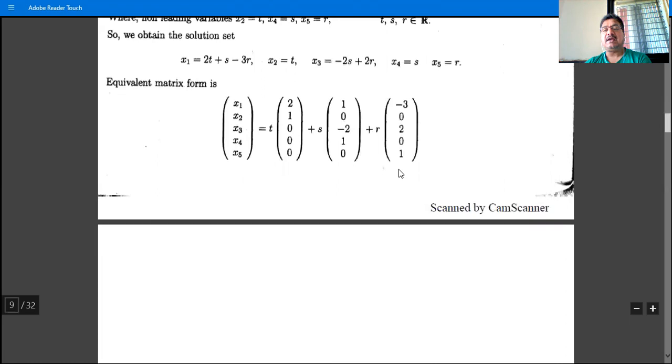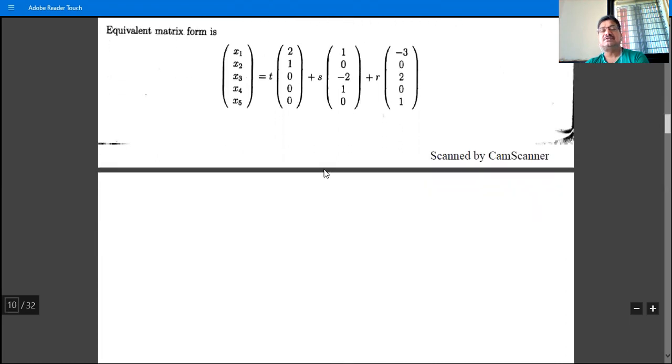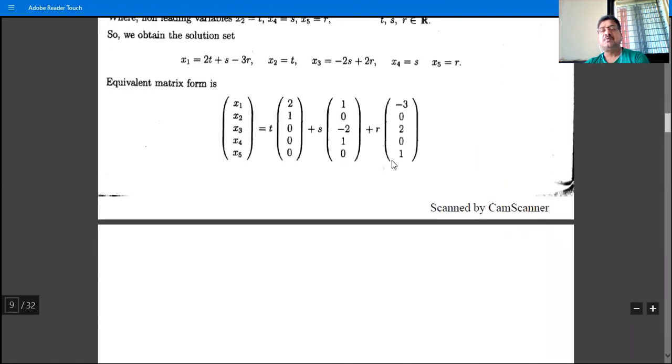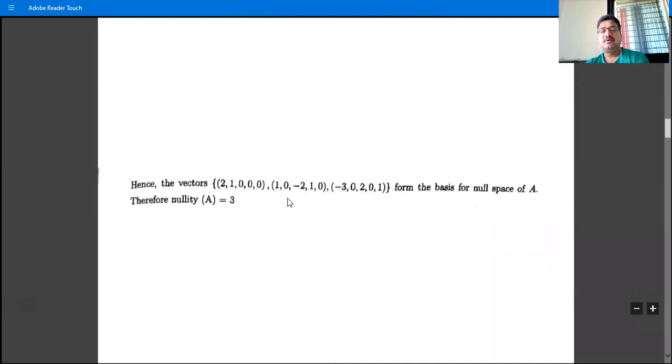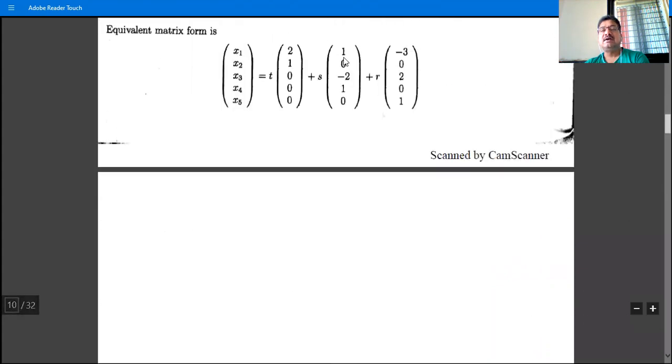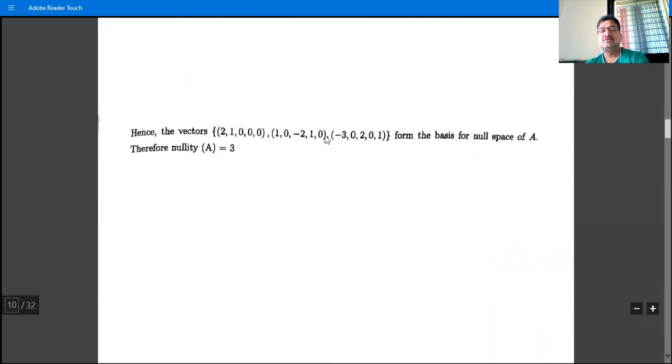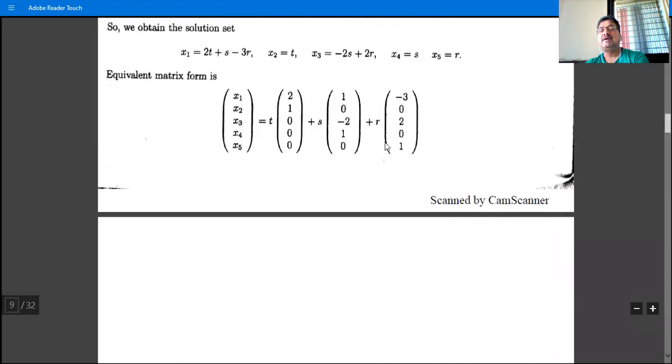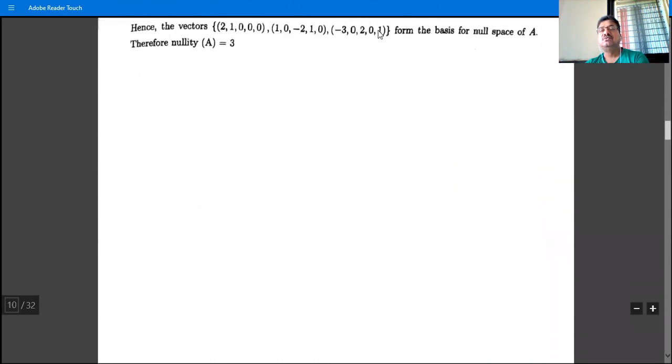Therefore the basis for the null space of A, actually the solution space of the system Ax equals 0, forms these 3 vectors: in round brackets, 2, 1, 0, 0, 0 is the first vector. The second column as the second vector: 1, 0, minus 2, 1, 0, and the third column as the third vector: minus 3, 0, 2, 0, 1.